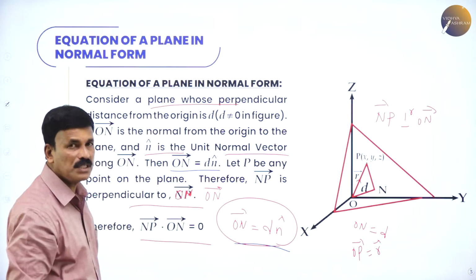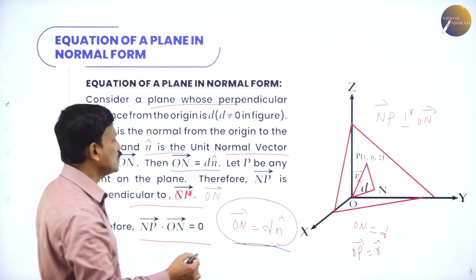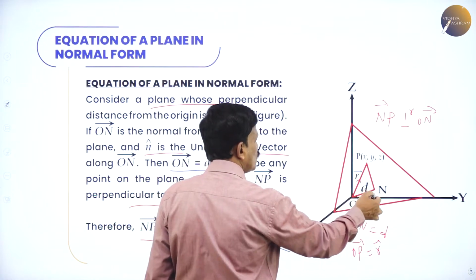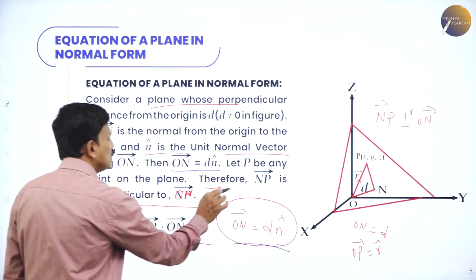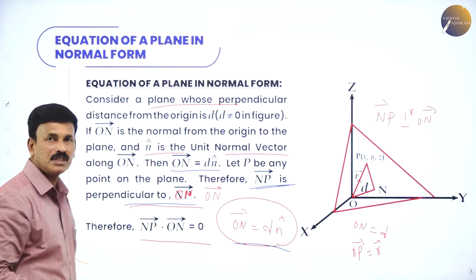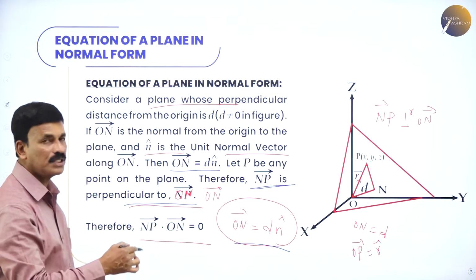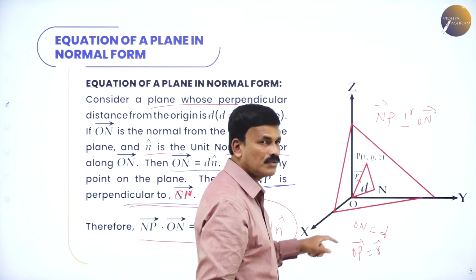Let P(X, Y, Z) be any point in the plane whose position vector OP is equal to R. Since NP is perpendicular to ON, the dot product of NP and ON is equal to 0.